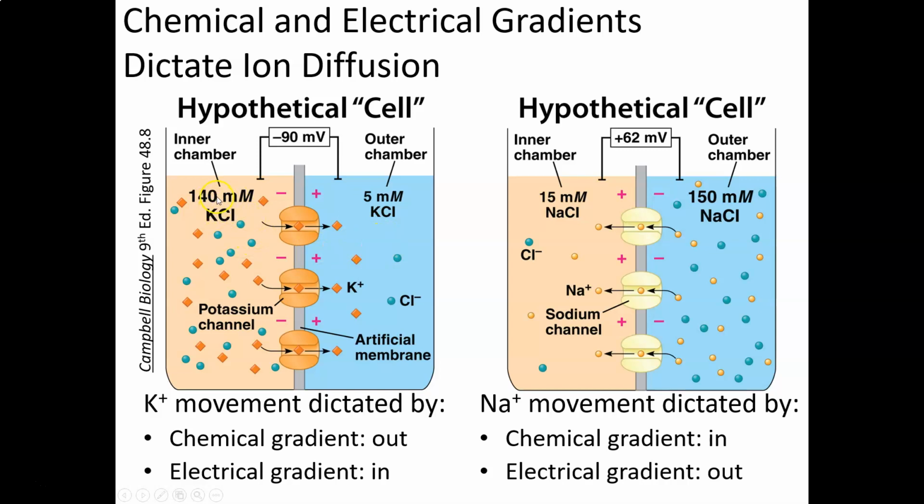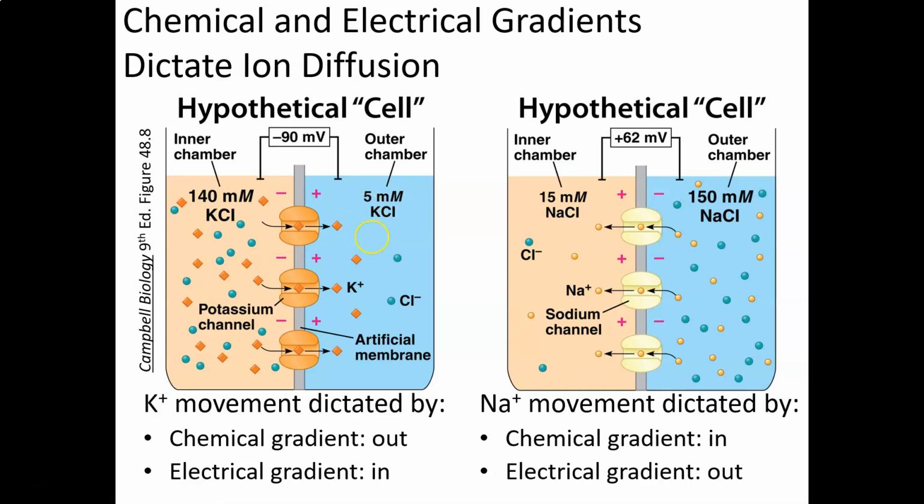The inside has a high concentration of potassium, about 140 to 150 millimoles, which is what we see in the human body. Potassium, represented by the diamonds, has a high concentration on one side. If you look at the outer chamber, the potassium has about a 5 millimole concentration.